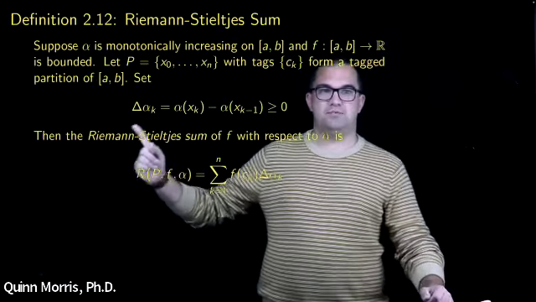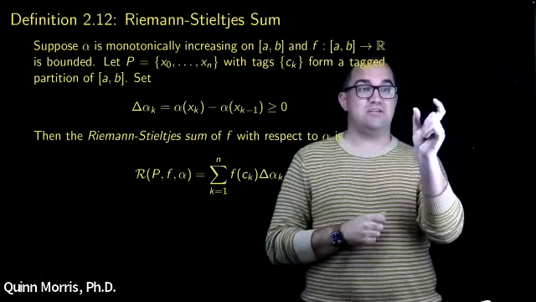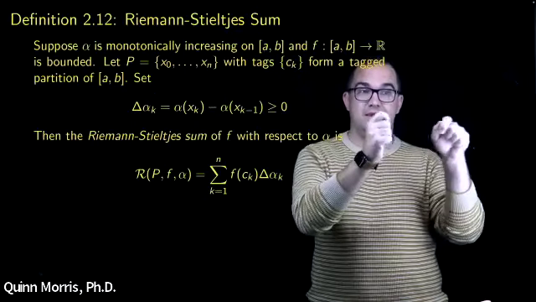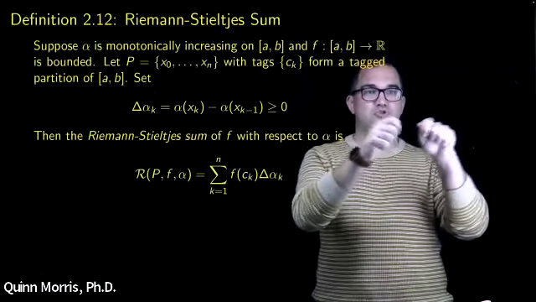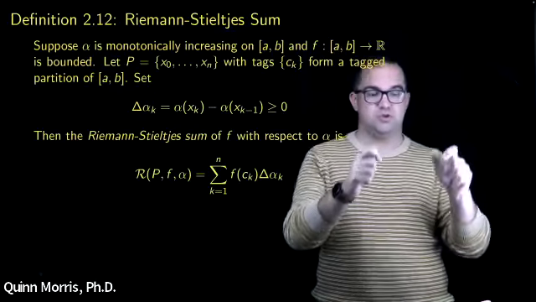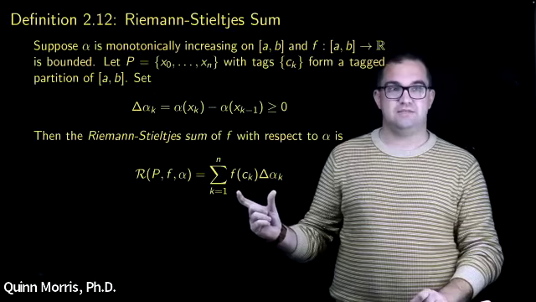Now, let's back up to this delta alpha k. So what is this doing? Instead of the delta x k, which just measured the length of that interval, I'm now transforming, possibly non-uniformly, the x values. So I'm going to transform the x values by alpha first, and then look at their difference. So one way to think about this is the rectangle areas.